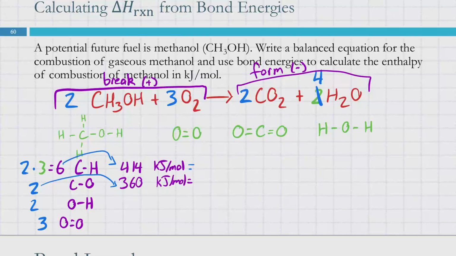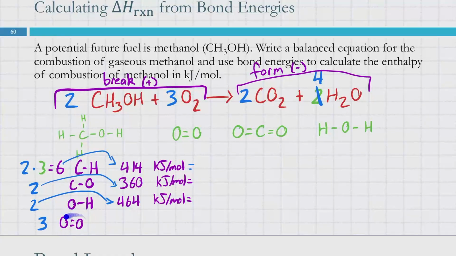For oxygen bonded to hydrogen, that's going to show in our table as HO, and it's got a value of 464 kilojoules per mole. Again, this 2 multiplying by that 464.